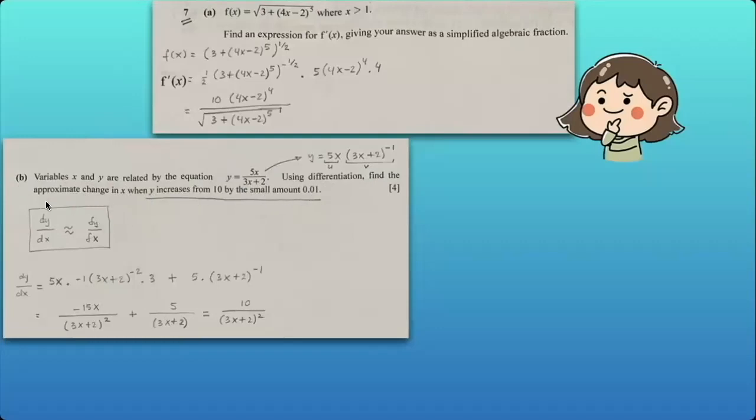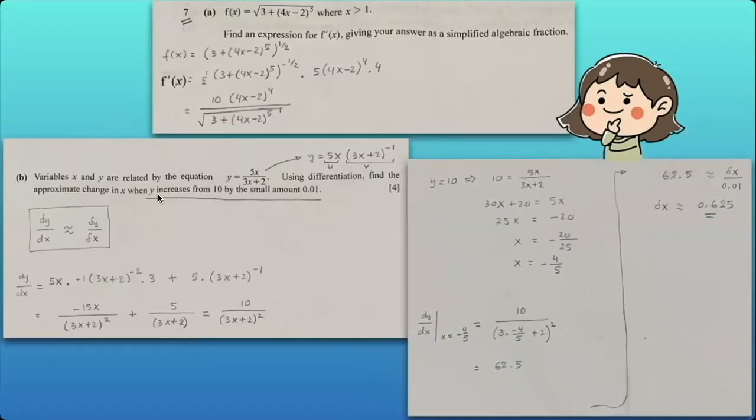So we are going to use this formula: dy/dx is approximately equal to delta y over delta x. So we need to find dy/dx first. So we differentiate y. Okay, I use the product rule here and I simplify. So this is dy/dx.